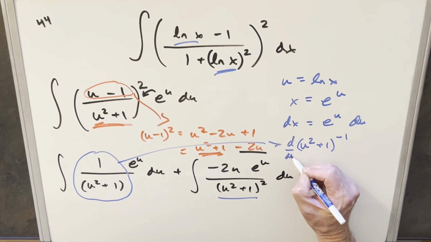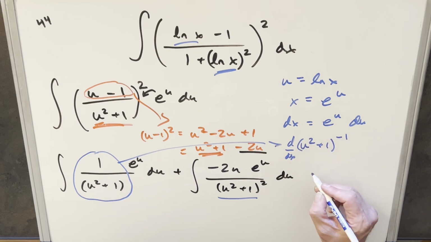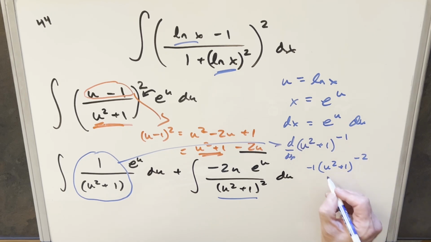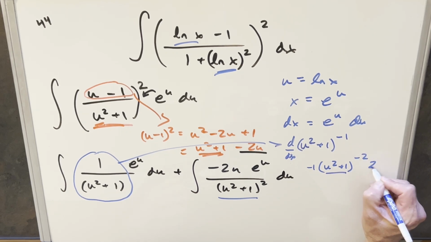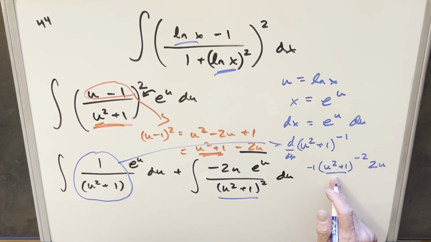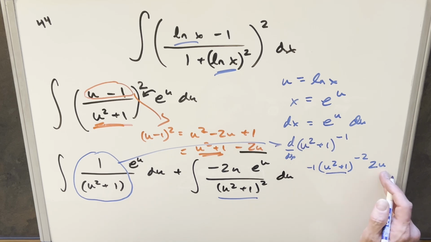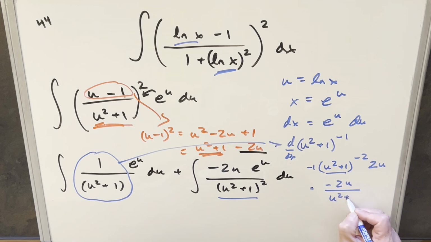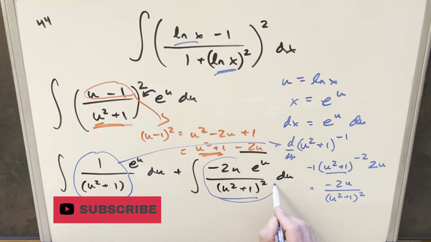The minus 1 comes in front, u squared plus 1 to the minus 2, then chain rule creates 2u for the derivative of the inside. Putting this together, we get minus 2u over u squared plus 1, all squared. But this right here is exactly what we have right here.